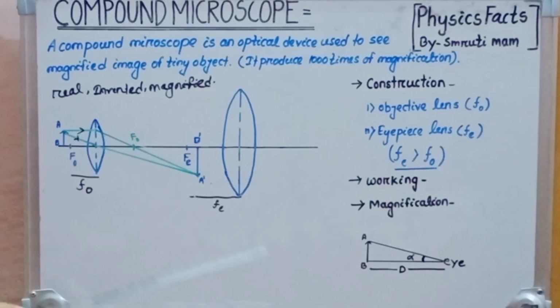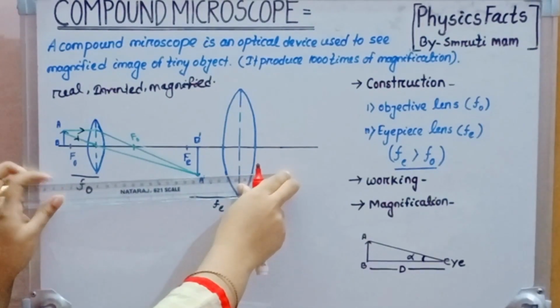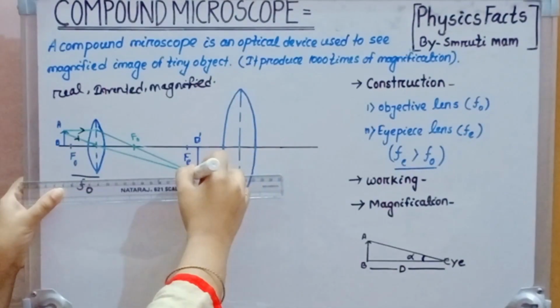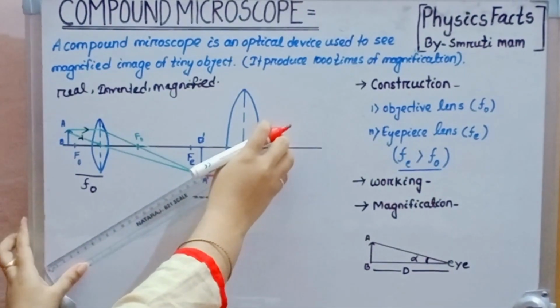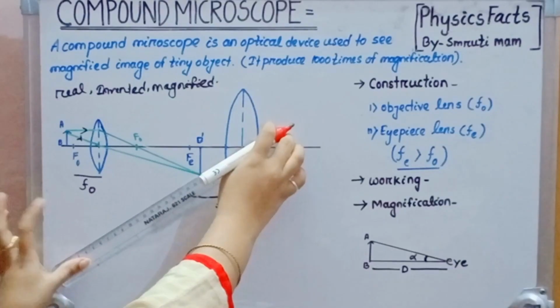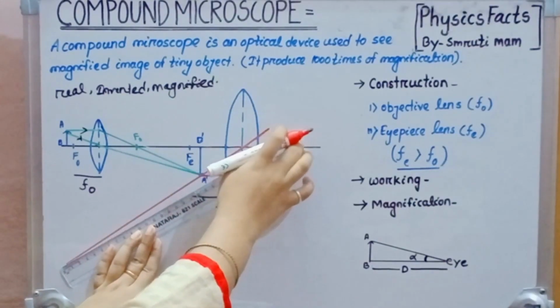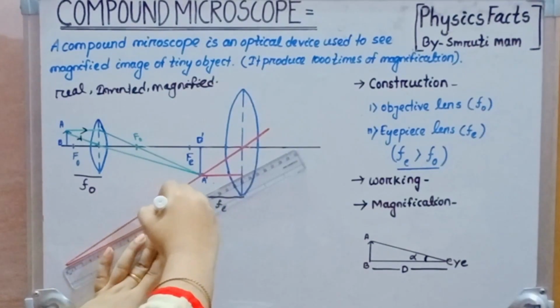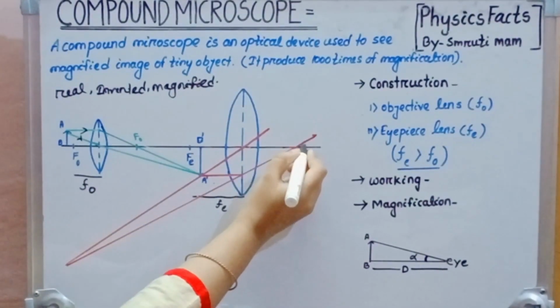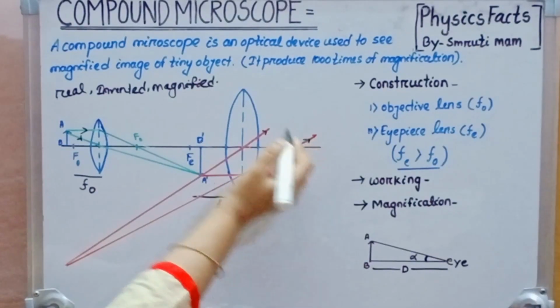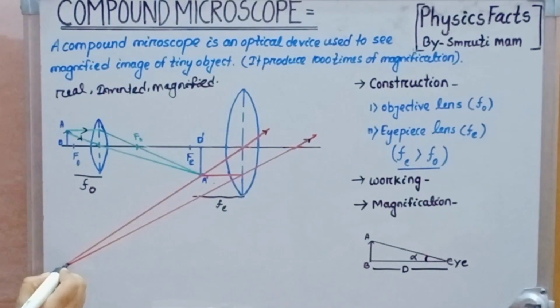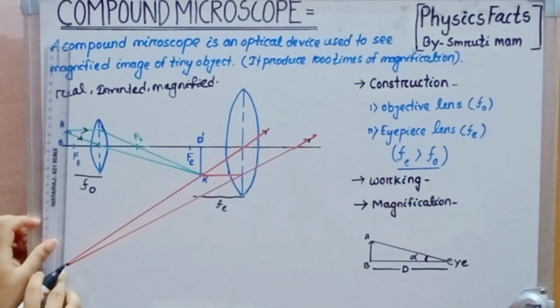You see the diagram: one ray parallel to the principal axis and another ray going through the center of curvature. These are the two rays. These two rays diverge but appear to come from one point, and here the final image is produced.